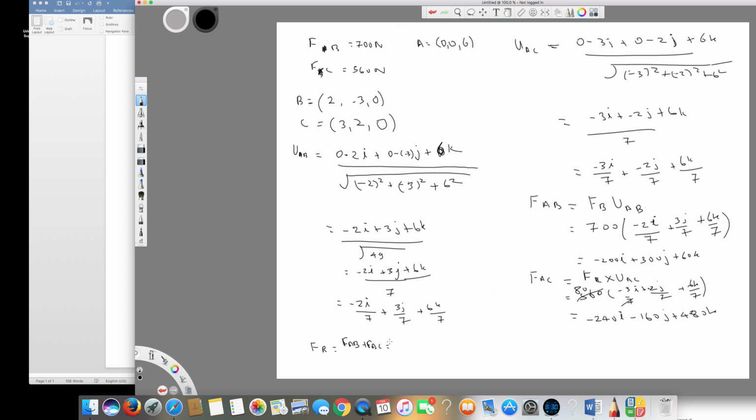FAC, and FAB is here, minus 200 plus, let's add it together. I'm just going to add it in my mind, because we don't have to write everything, right?